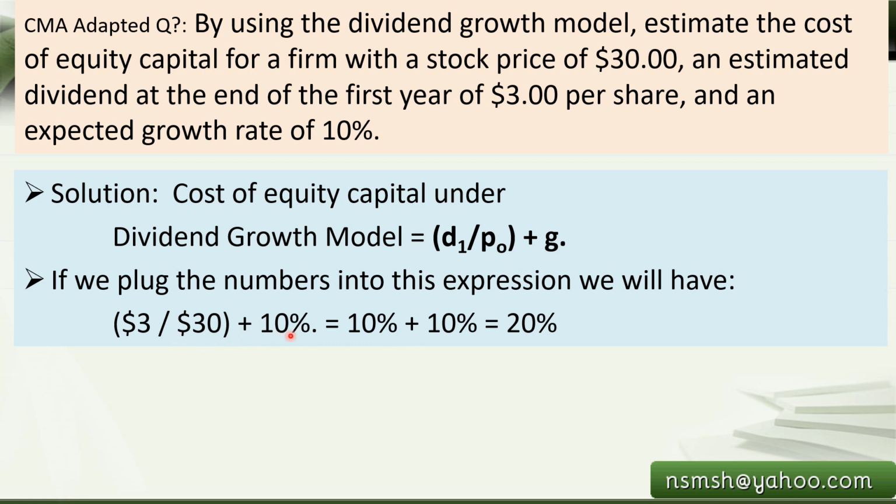So it comes to 10% plus 10%, which becomes 20%. So this is the cost of equity capital under the dividend growth model.